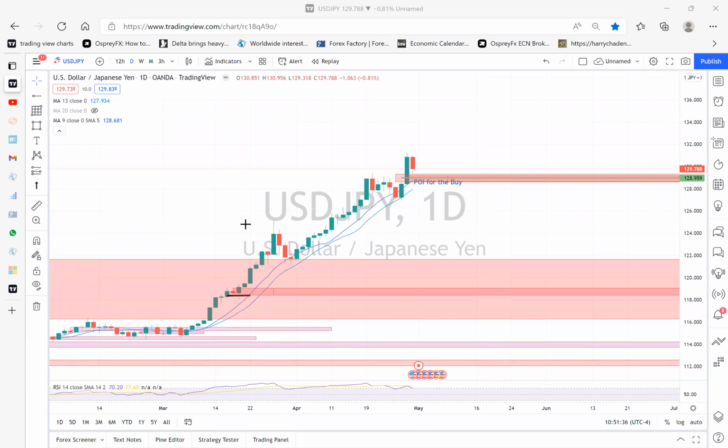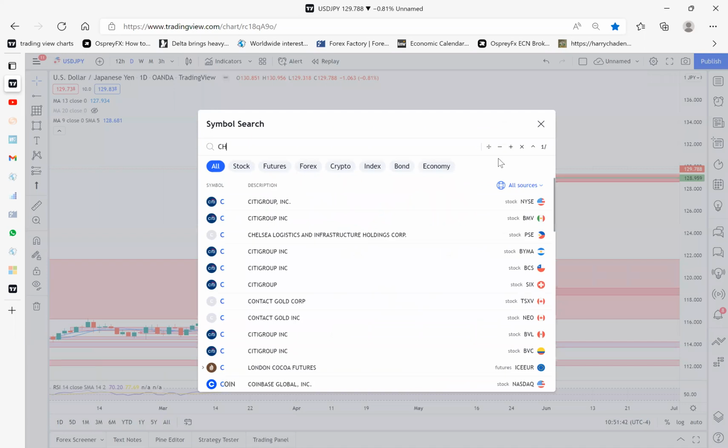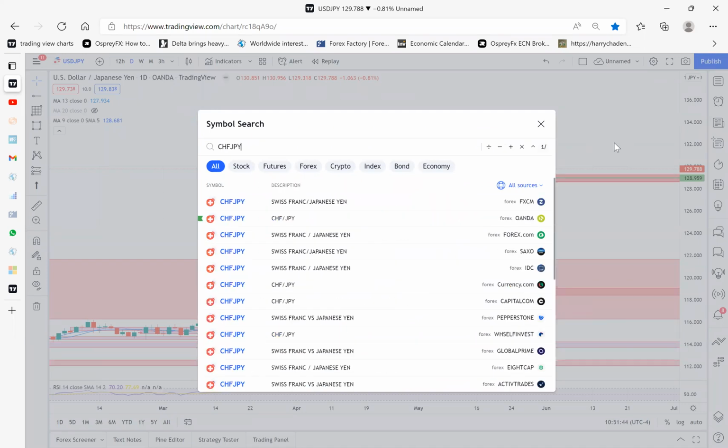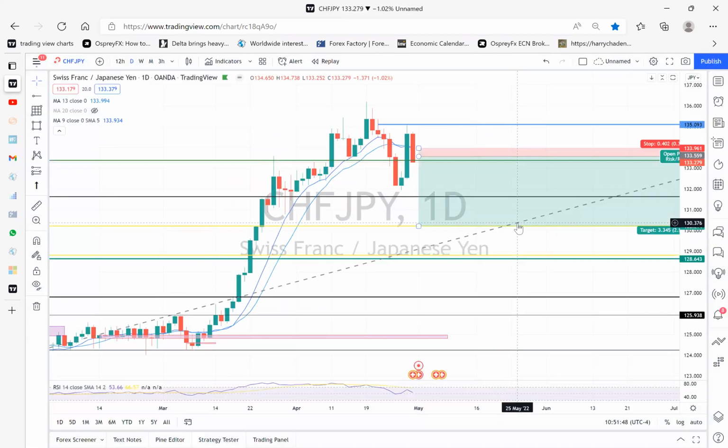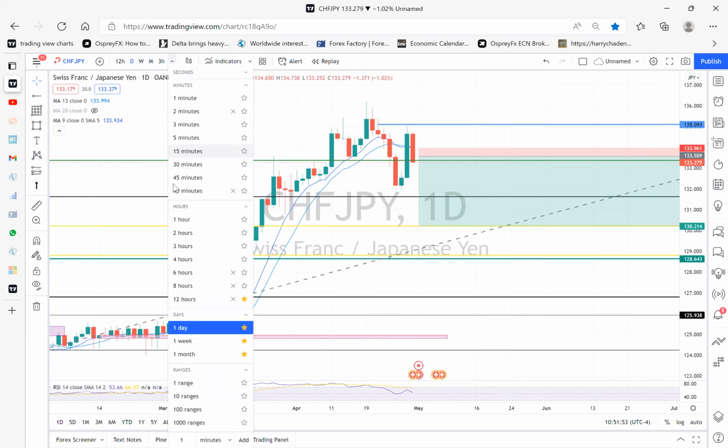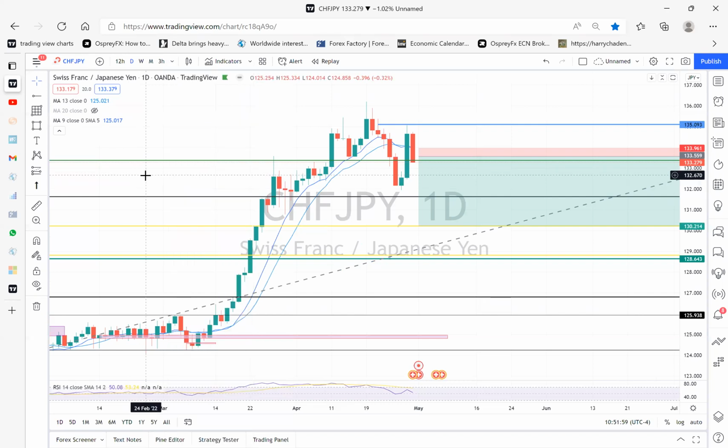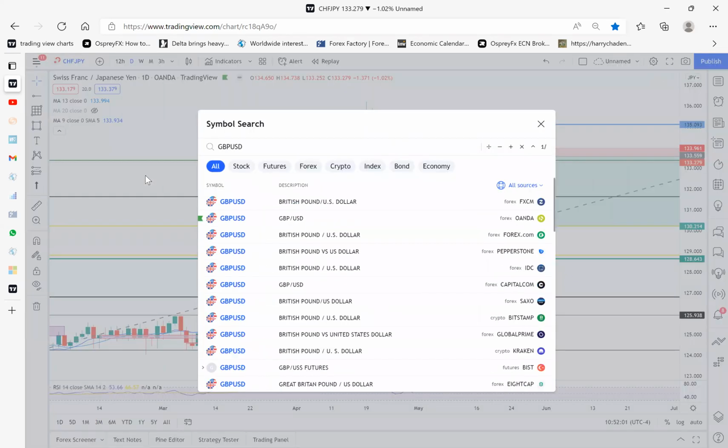The pair you did before, I think it was GBP/CHF or something, right? Where you showed us, yeah, James. Where you were showing on the 15-minute your point of entry. I think it was 15 minute.